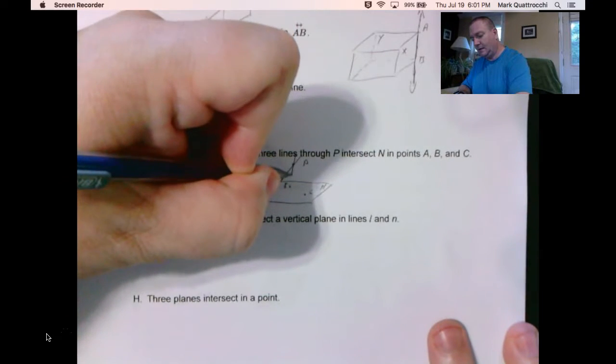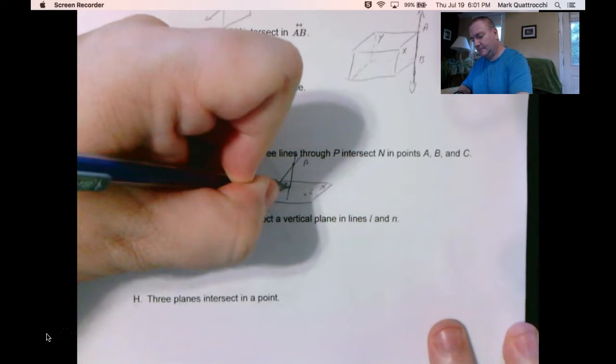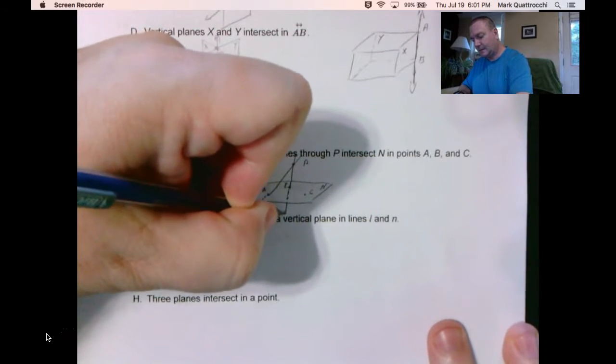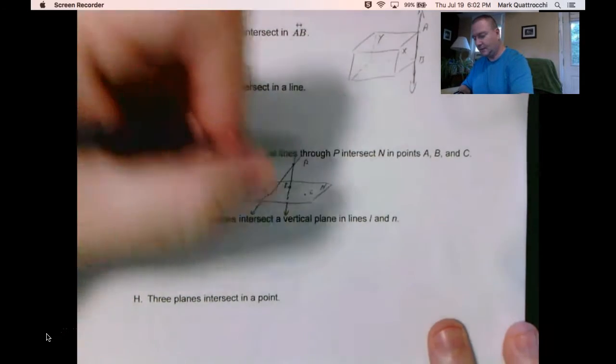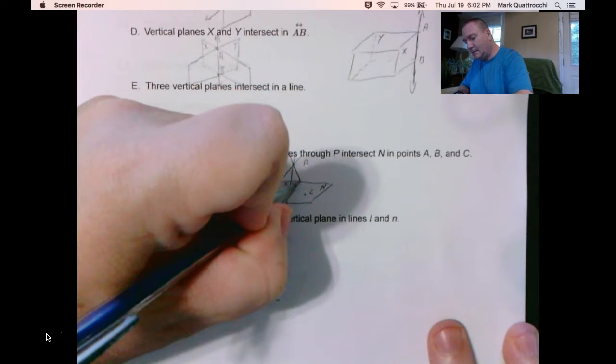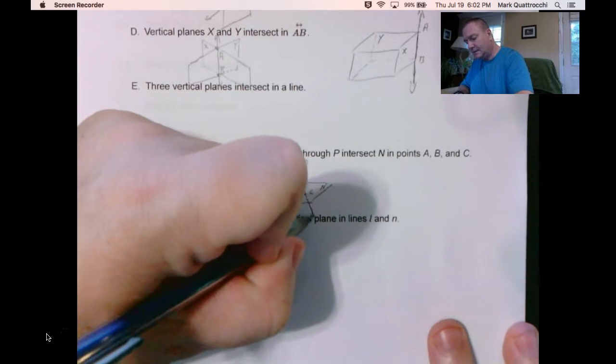Through P, through B, dotted, coming out underneath. Through P, through C, dotted, and coming out.